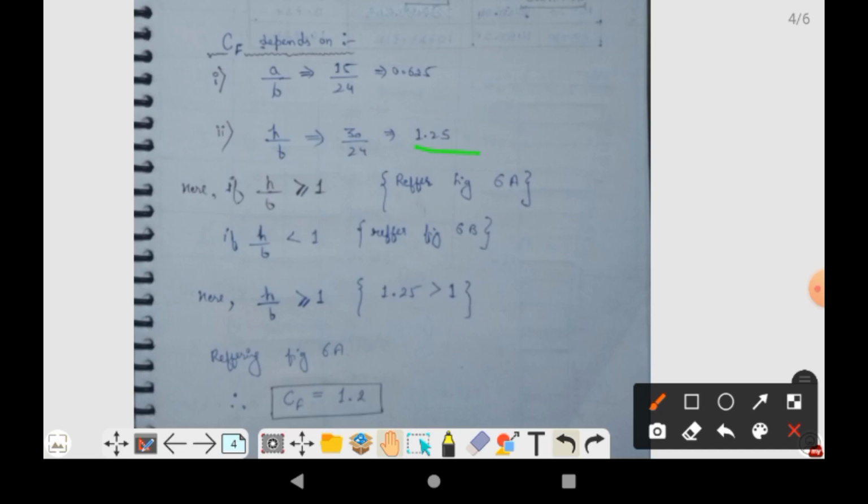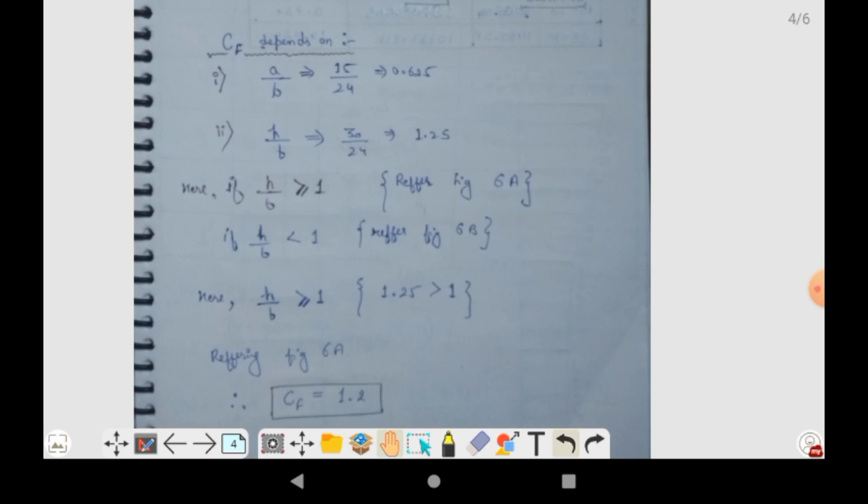The first one is that if the H by B ratio is greater than 1, we have to refer to figure 6a, and if the H by B ratio is less than 1, then we have to refer to figure 6b. I will tell you where in this code we can find figure 6a and figure 6b.